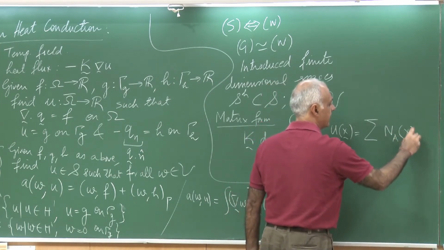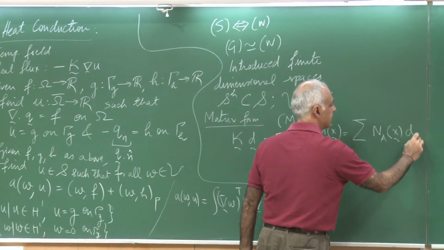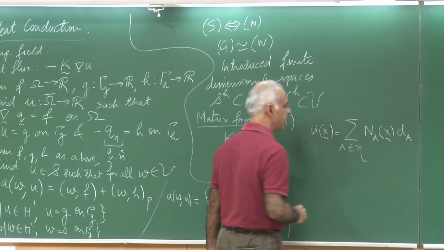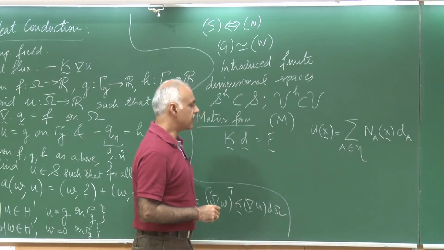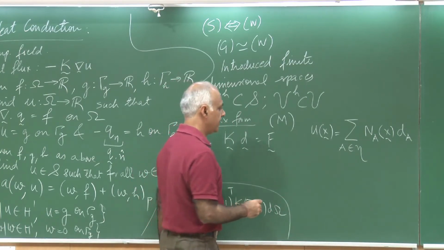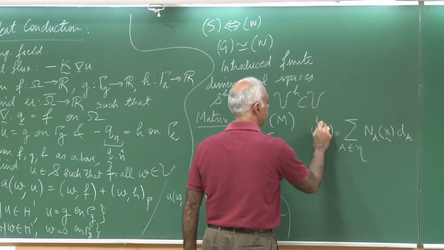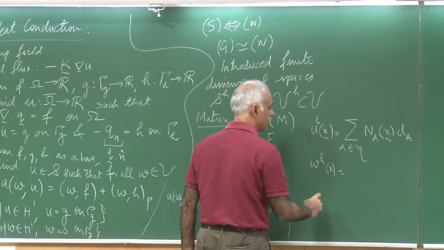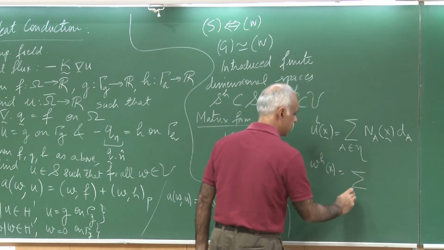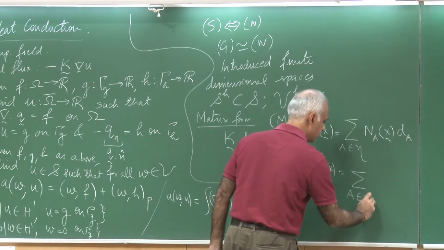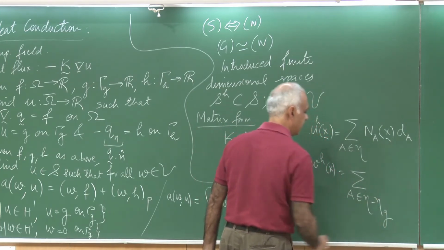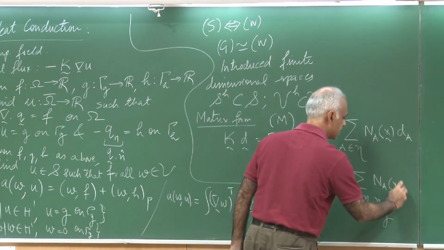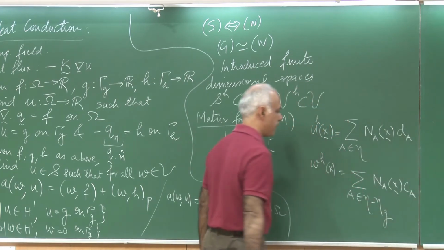These are functions of x times dA, and A belongs to the set eta, where eta is the set of all the nodes. Similarly, in fact this was UH, similarly WH of x was given as summation A belonging to eta minus eta g of NA of x CA.